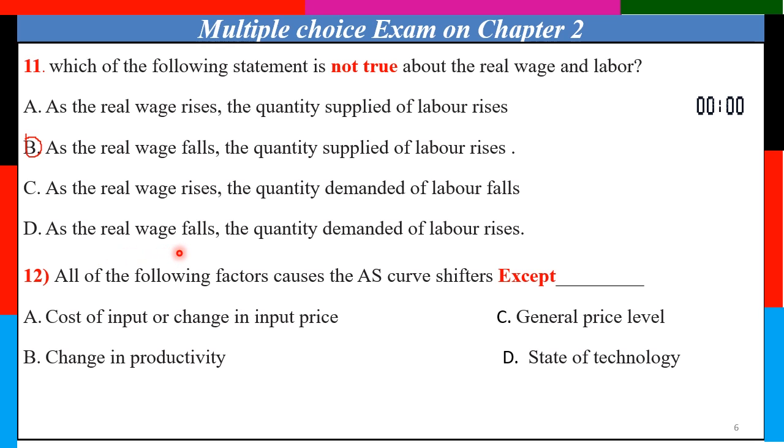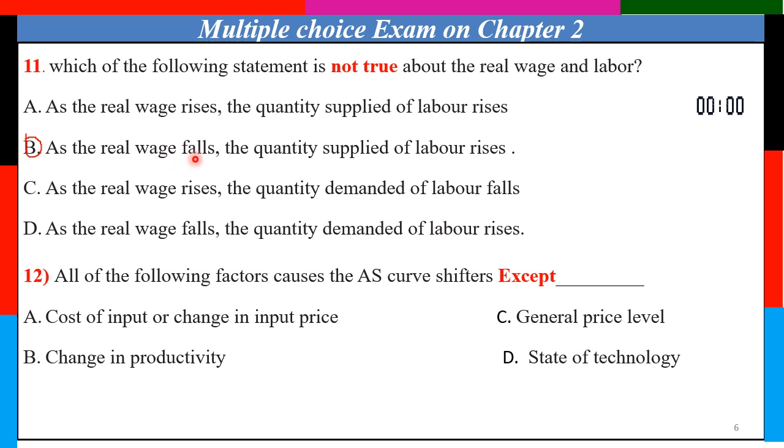On D, as the real wage falls, the price of the labor is declining. The quantity demanded for the labor is increasing because the labor becomes cheaper, so the demand for the labor is increasing in the market. Therefore, B is not true.